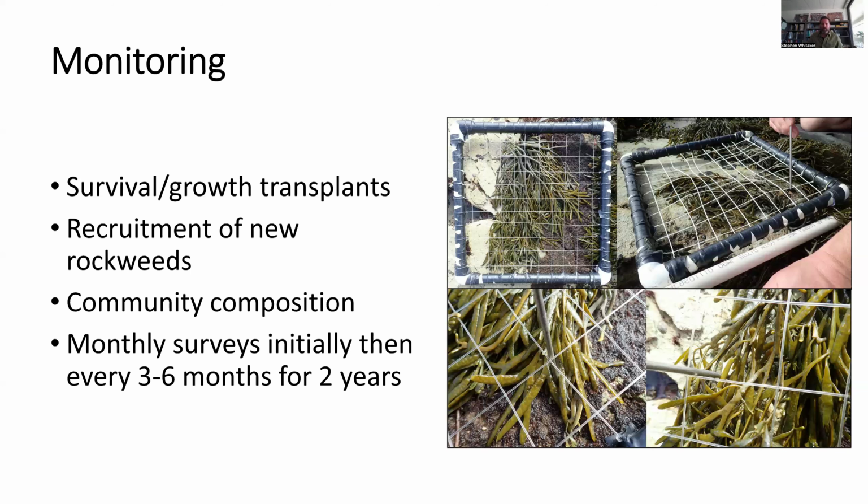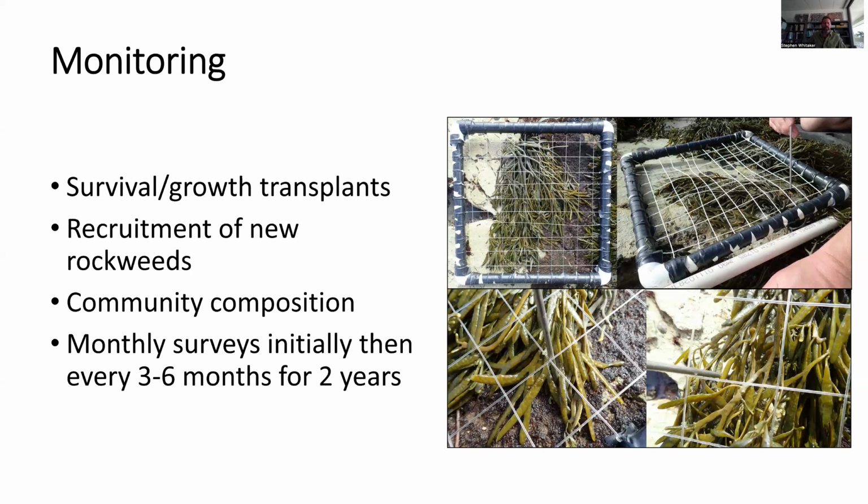So within the plots, we monitored survival and the growth of transplanted rockweeds, the recruitment of new rockweeds. We also sampled the community composition. And in addition, control plots were established in natural rockweed beds within or near the restoration site when possible.